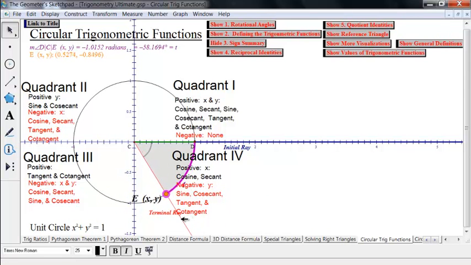And if you're in the fourth quadrant, x is positive, which makes cosine and secant positive. Y is negative, which makes sine, cosecant, tangent, and cotangent negative. So there's a nice summary of the positive and negative signs of the trig functions. We will do some more with working with the definitions of trig functions in our next video.